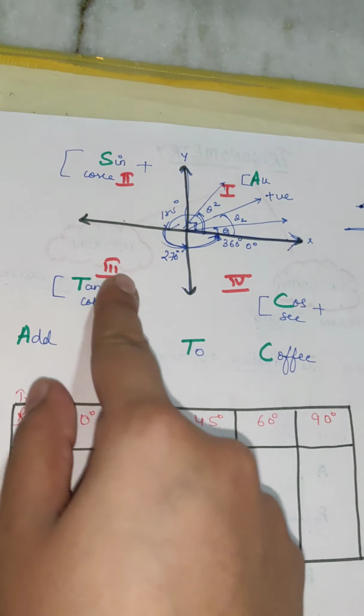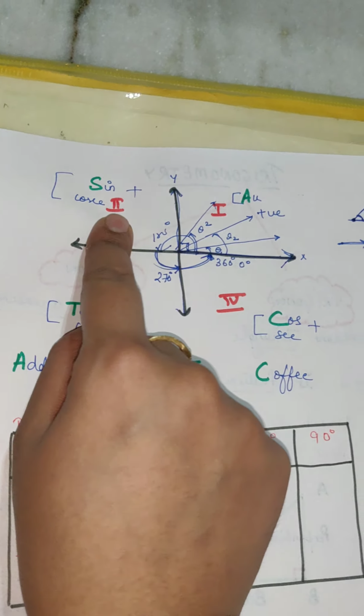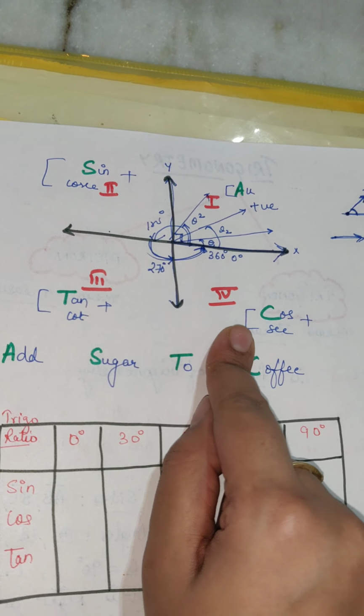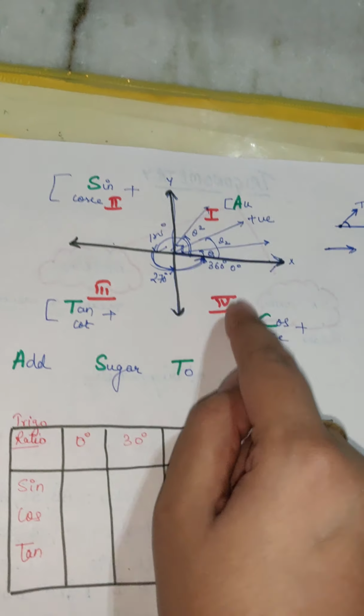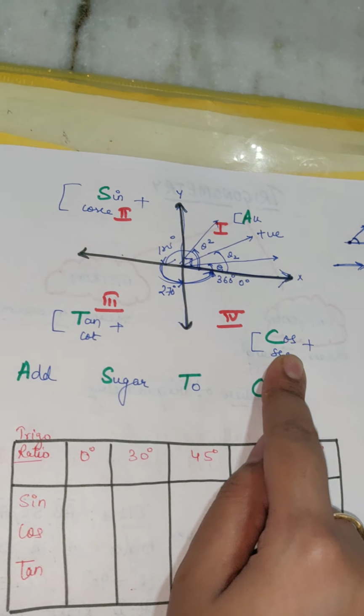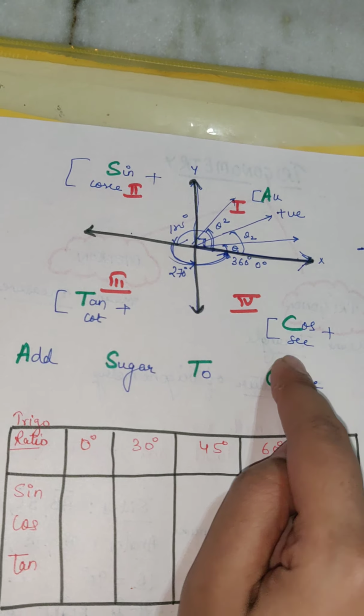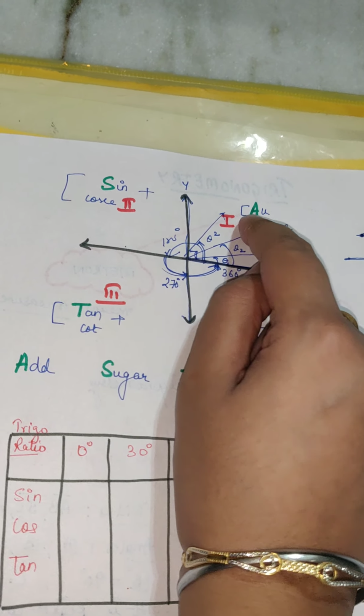We know there are 4 quadrants in a plane: first quadrant, second quadrant, third quadrant and fourth quadrant, right? So I have taken a simple trick, add sugar to coffee, the first letters of the words. Add sugar to coffee. So if you remember this, add means A for all.